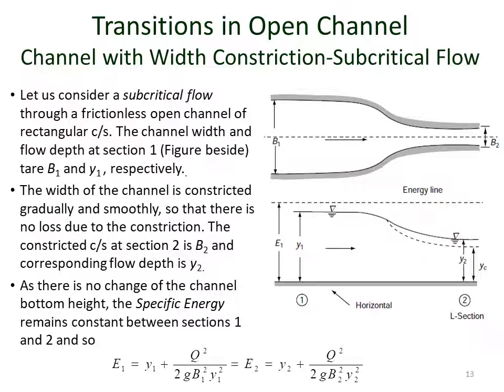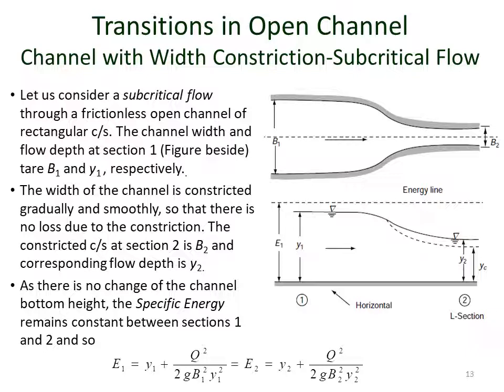That is, the channel we consider will be a rectangular one. The width of the channel is capital B1 at section 1, and capital B2 at section 2. The channel is of course carrying a discharge of capital Q.